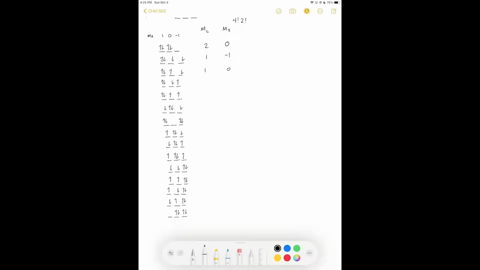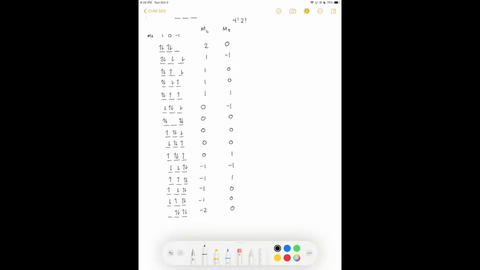Then we have 1, 0, 1, 0, 1, 1, 0, -1, 0, 0, 0, 0, 0, 0, 0, 1, -1, -1, -1, 1, -1, 0, -1, 0, -2, 0.